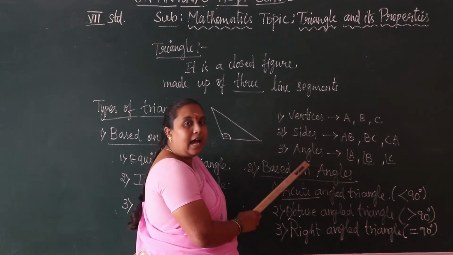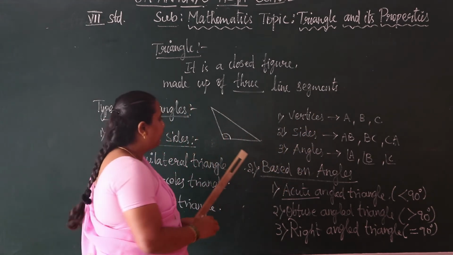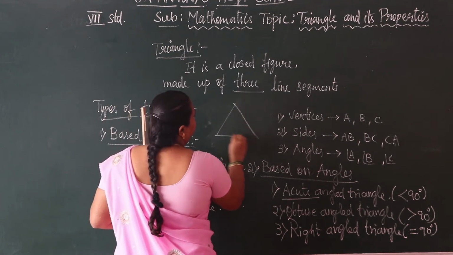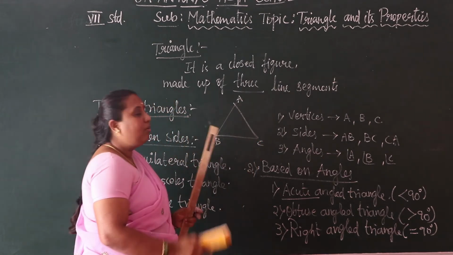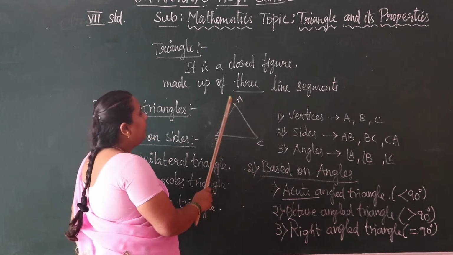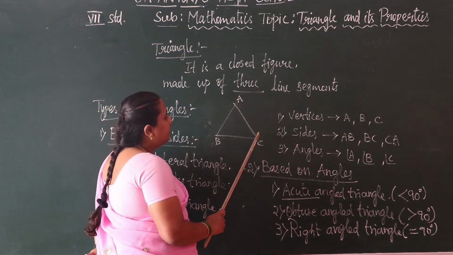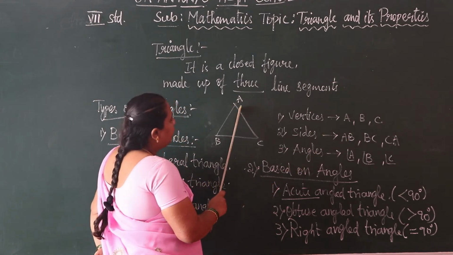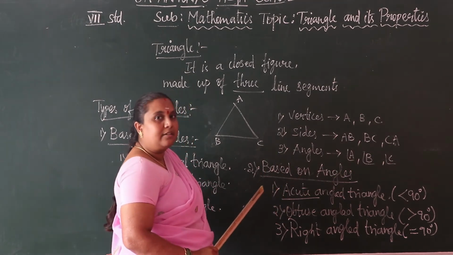What are the vertices? A, B and C are vertices. Sides AB, BC and CA are sides of a triangle. And angle A, angle B, angle C are angles of the triangle.